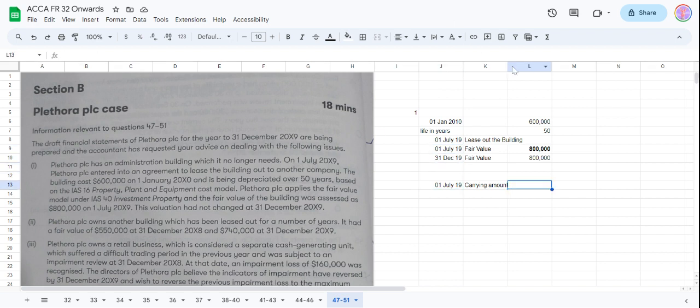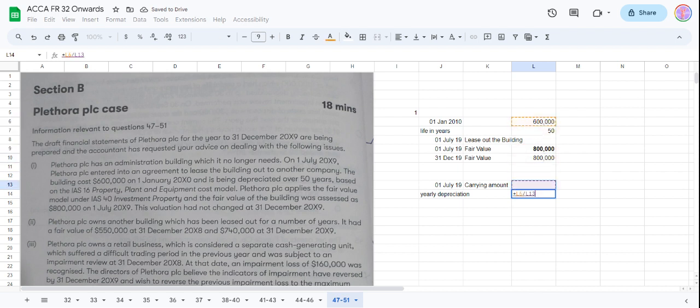So how can we calculate this carrying amount? So 600,000 divided by 50. What was the yearly depreciation? Yearly depreciation will be 600 divided by 50, so every year they are depreciating it with 12,000.